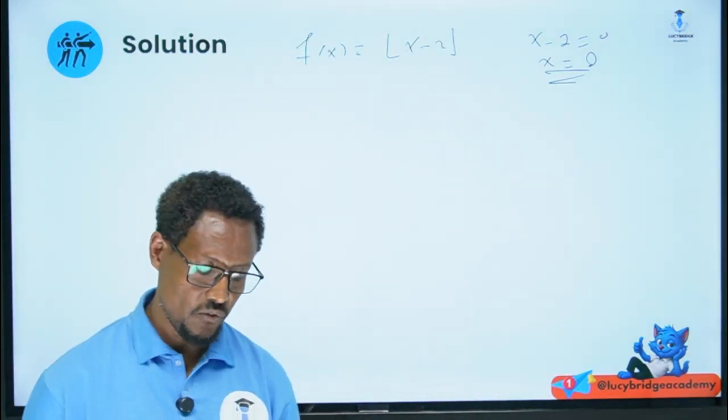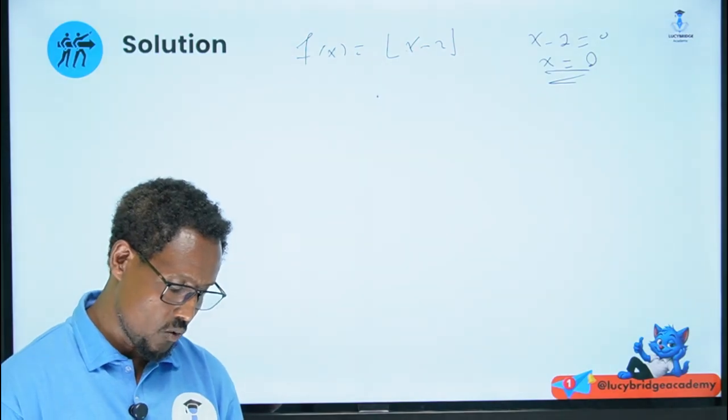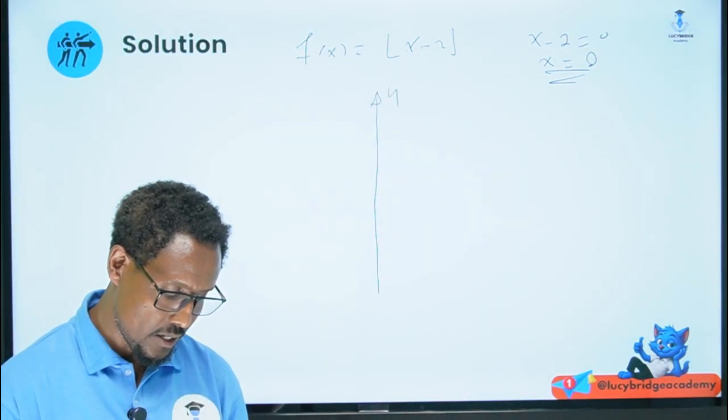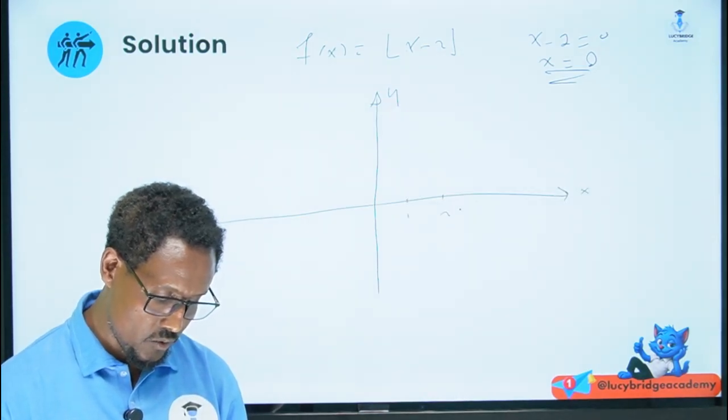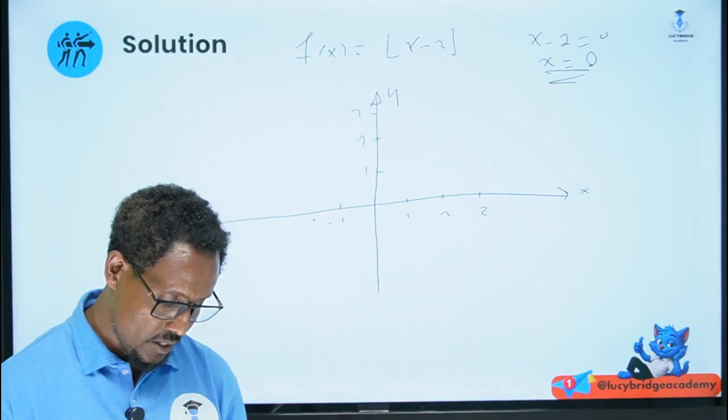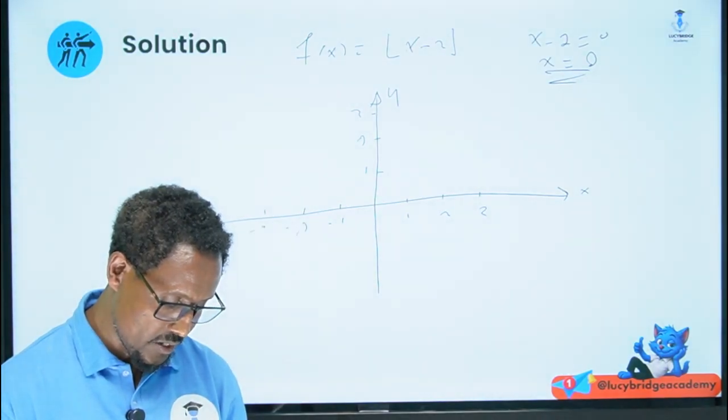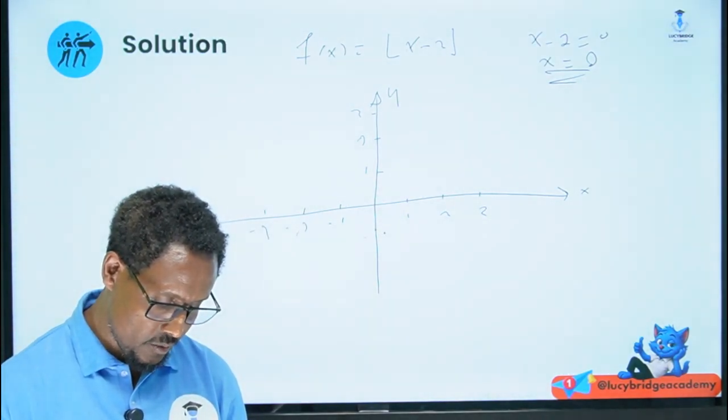So our graph: y axis, x axis, 1 2 3, 1 2 3, minus 1 minus 2 minus 3. Here is minus 1 minus 2 minus 3.